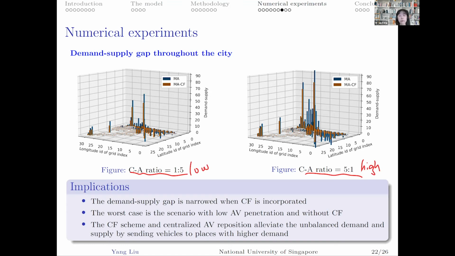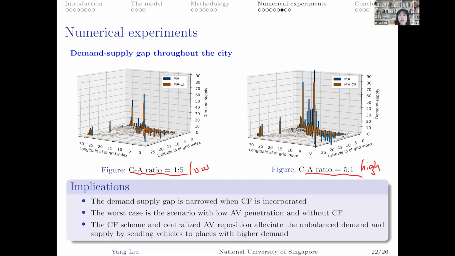So if we compare the gap between demand and supply for the two in both plots, we see the gap has been reduced, which is the orange bar here.